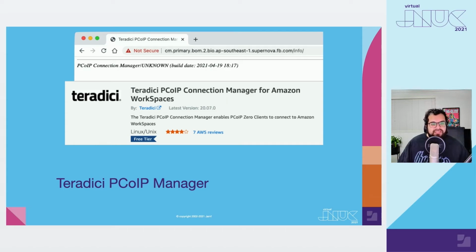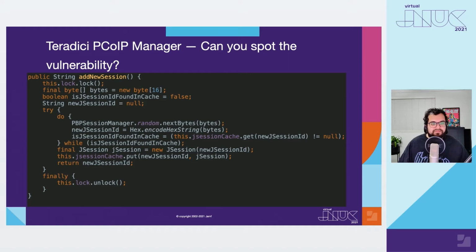I also discovered this same software on AWS Marketplace. One of the things you can often do is spin up the software using AWS Marketplace or Azure Marketplace and take a look at the source code. In this example, I identified that Facebook is running PCoIP Connection Manager on their attack surface, and I was able to get the source code by spinning up a copy on AWS Marketplace.